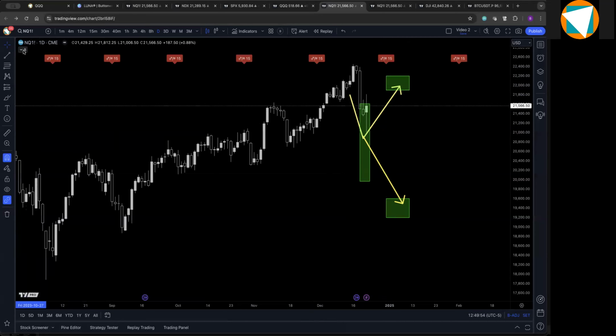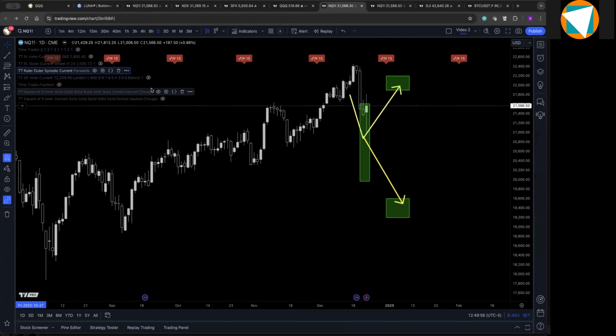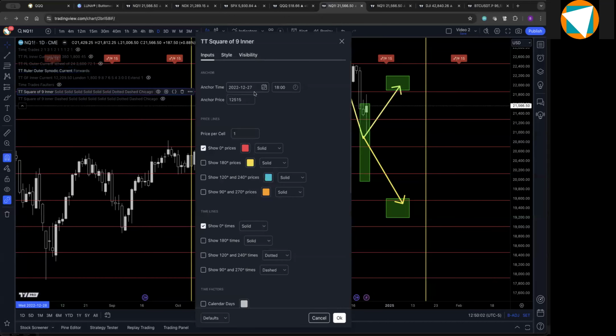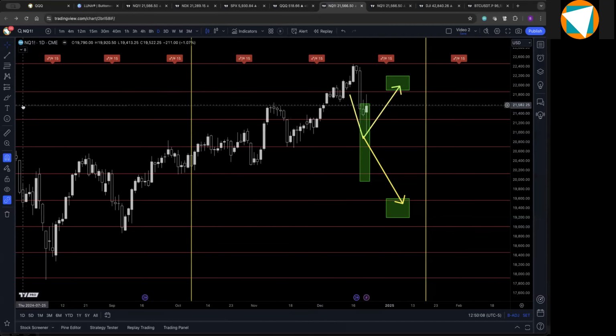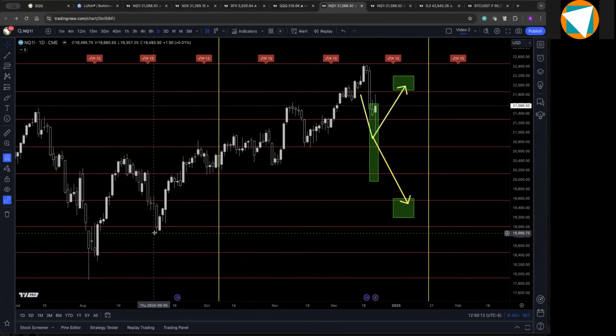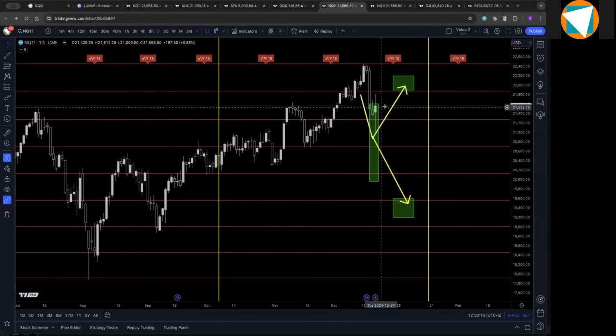And let's also add in some of our square of nine work. Okay. So again, we've got the square of nine here, and this is anchored to December 2022. Okay. So that's our longer term cycle. And we can see how good this has been on bottoms, right? Very, very good.